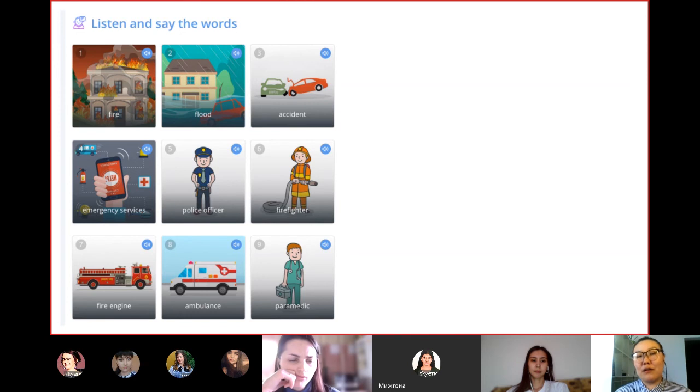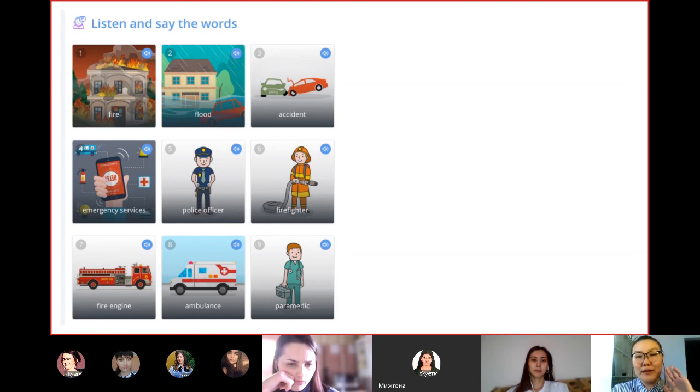Yes, who are you going to call if you see a house on fire, and so on. This is also the way how you check what your student already knows and you try to elicit the words. But if he doesn't understand, of course, you can provide him with the model. You say, okay, it's a firefighter.